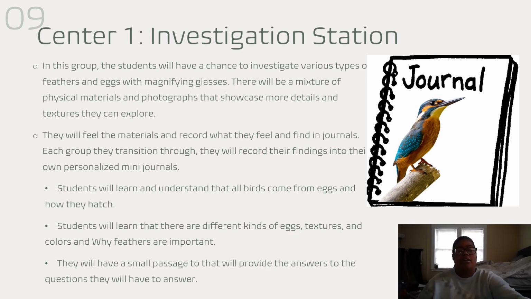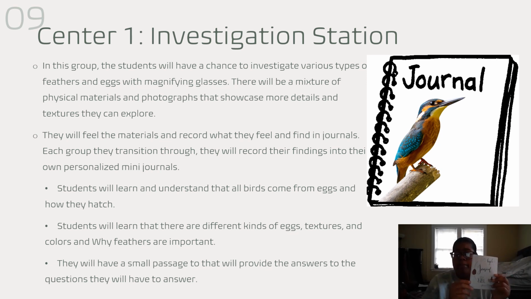So before I get started on explaining the different centers that the students will be transitioning to, I thought I'd give you sort of an example of what I mean by a journal. It's just something that looks just like this, and this is just a rough draft. I just made it up to show what I mean by journal. But basically, it's a booklet that is made out of printer paper.